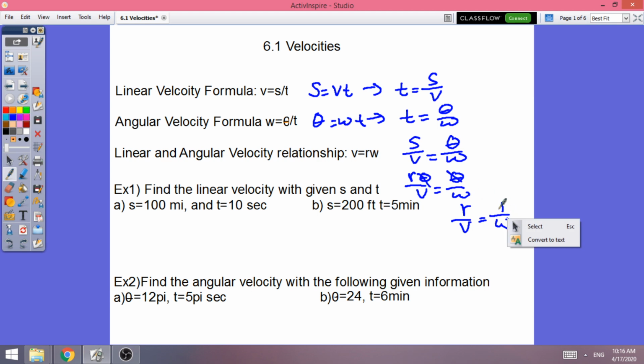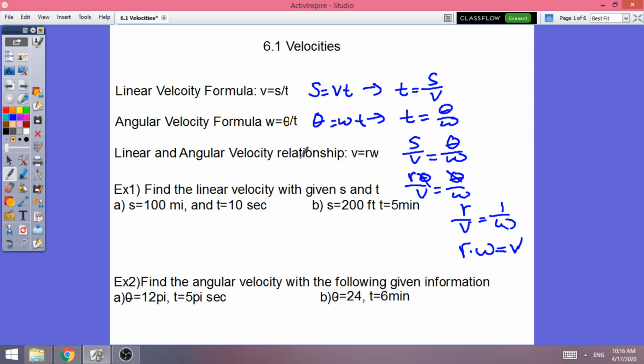Now we can just cross multiply, so r times w equals v. This is the exact same formula that we found. So what I just showed you is a short proof, using all the formulas, of the relationship between the linear and angular velocity.